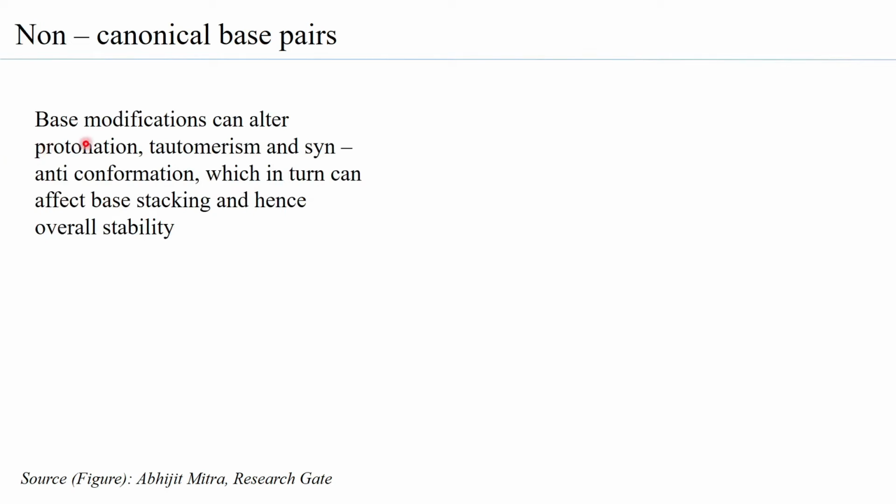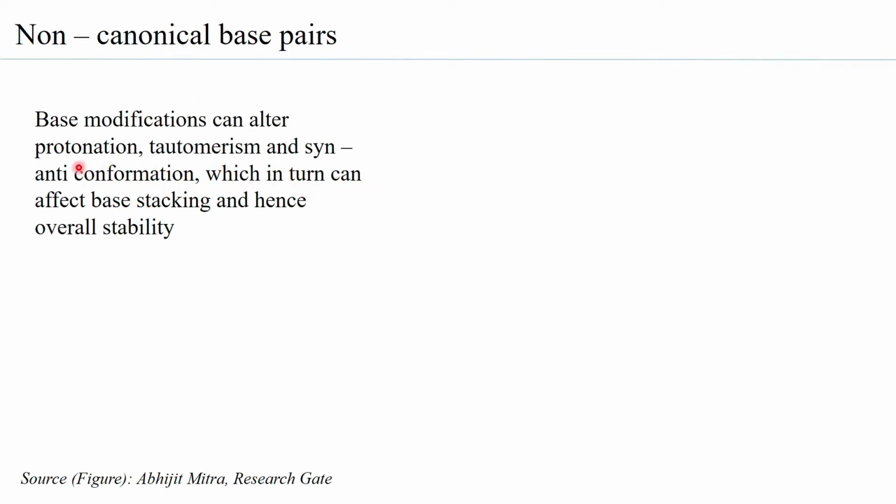So when you have modifications in bases, if at one of the positions a base gets modified, for example by the addition of a methyl group or a sulfate moiety, then it can alter protonation, and if it alters protonation, it alters tautomerism, and it can also alter the syn and anti conformation.